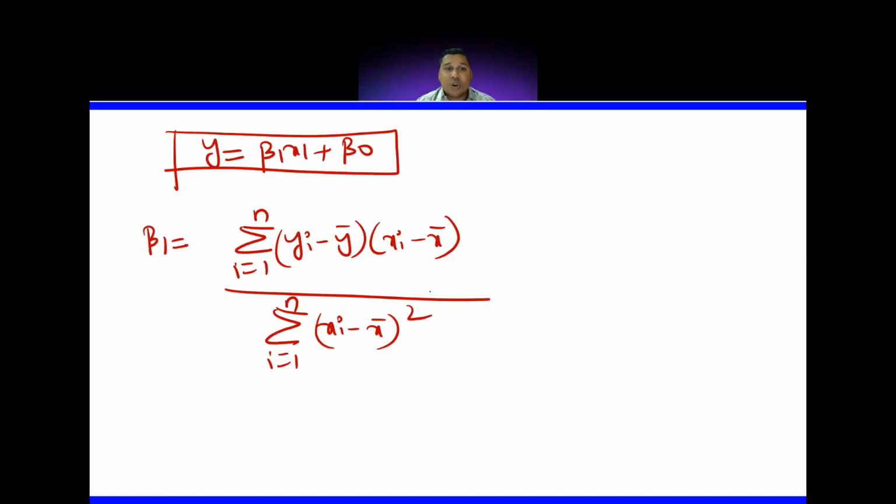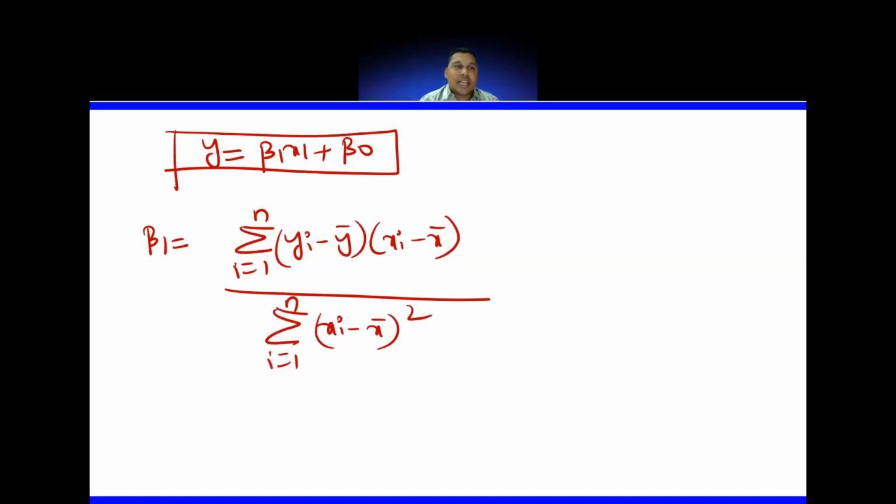There are different ways of finding beta 1 and beta naught values. One is converting the data into matrix form, solving that matrix and finding out the value. In that case, if you have multiple features, it is useful. But if you have only one feature, like simple linear regression, with one dependent and one independent variable, this is the approach.